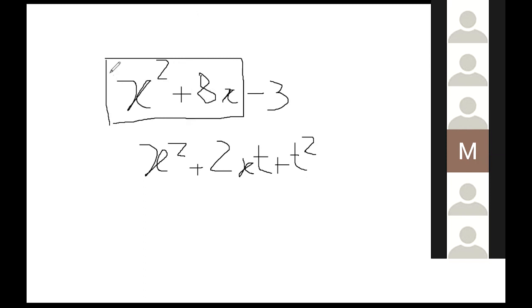Here a is 1. If I divide 8 by 2, I have x squared plus 8x, where 8 is 2 times 4.